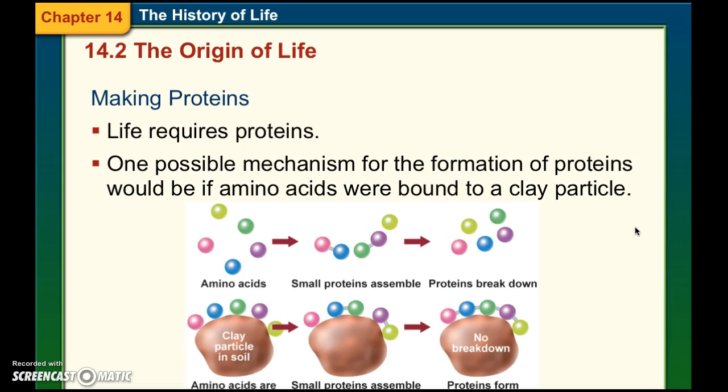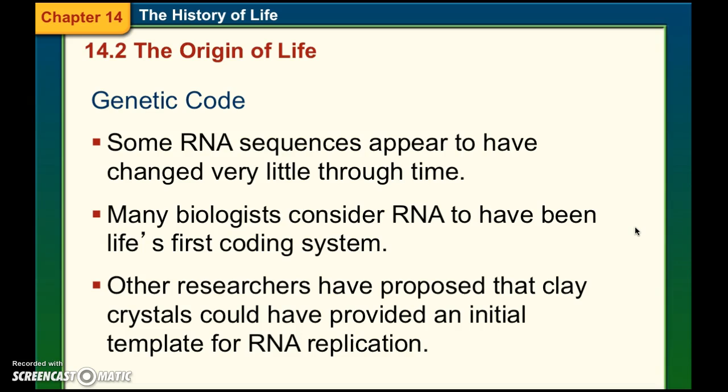So in order for proteins to assemble, the amino acids have to come together. And scientists basically hypothesized that pieces of clay were able to hold them together long enough for them to make a protein. So if you can't make protein, then you can't make a living organism.